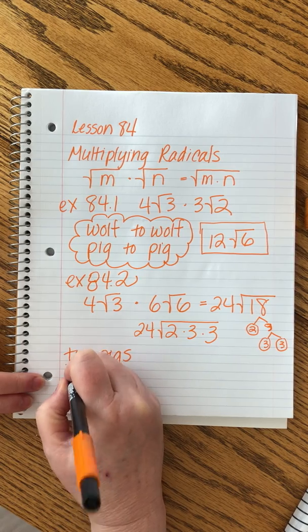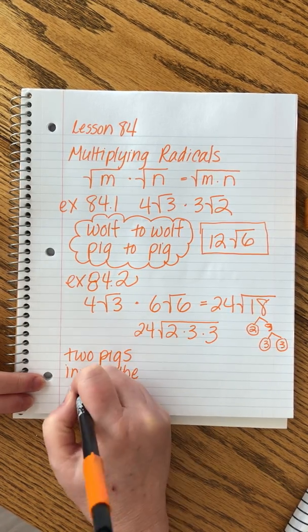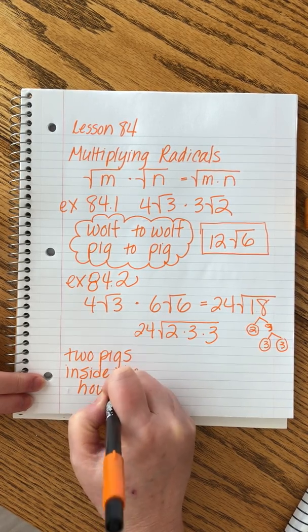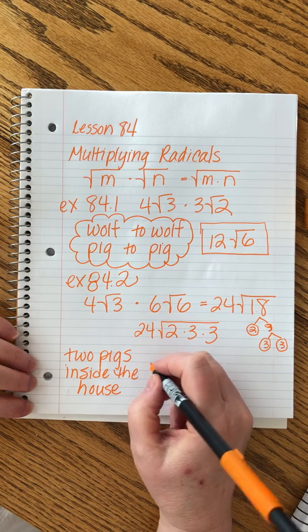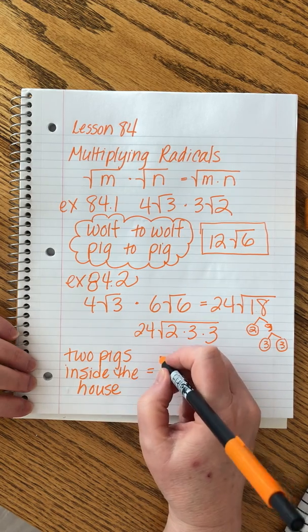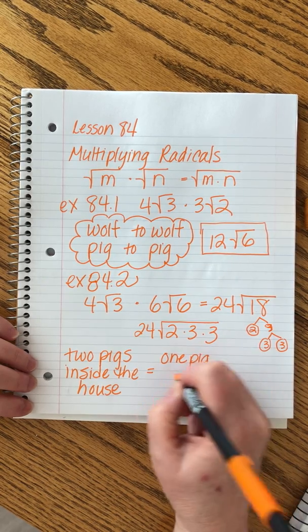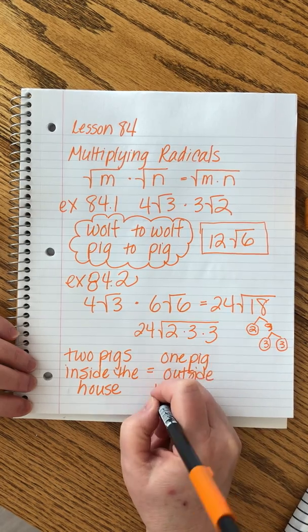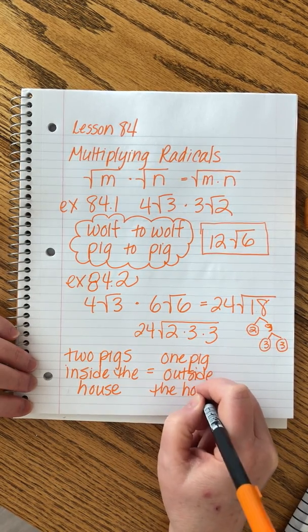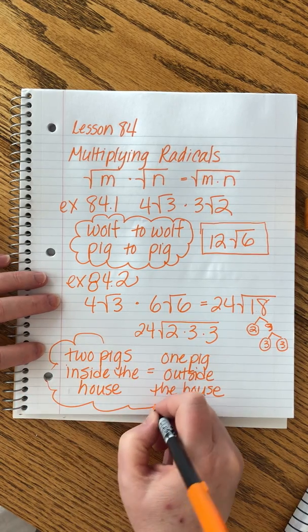2 pigs, and later I'll show you mathematically why this is true. But for now, I just want you to remember the rule. Make sure you get this copied well into your notes.